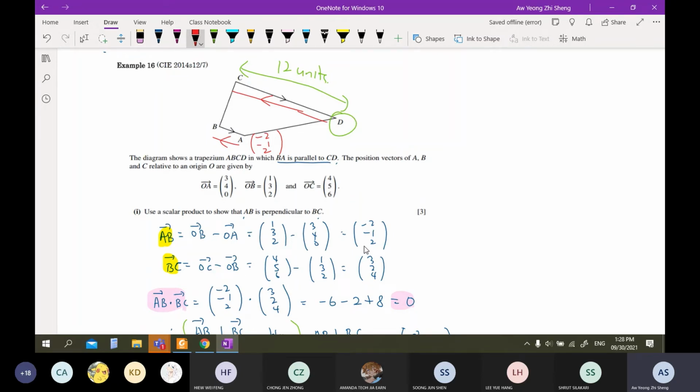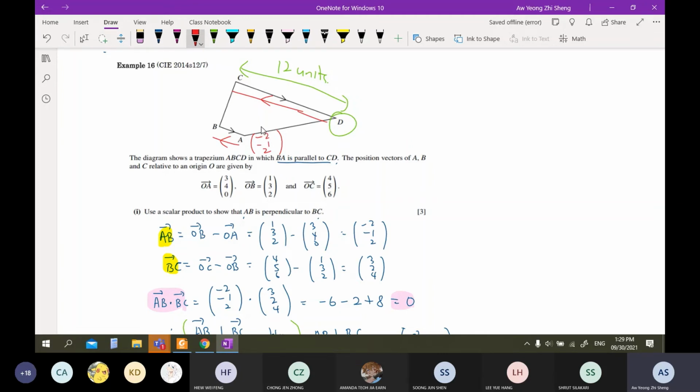Just by using the method similar to what we did in example 14. You find the unit vector of AB, then you magnify it by a factor of 12. Then that will give you vector DC.